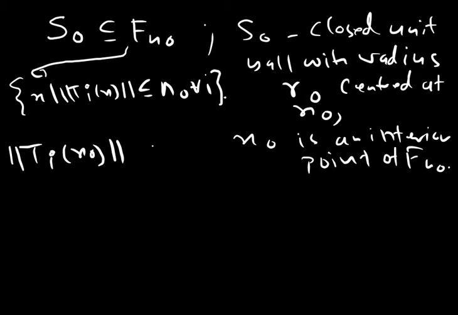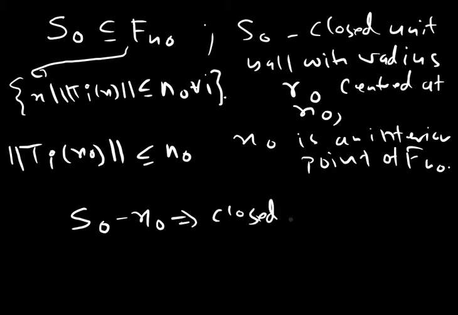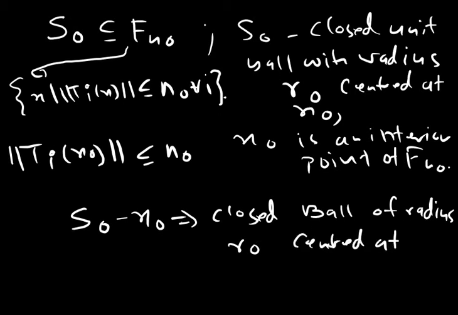Now T_i of x naught is simply N naught. So consider S naught minus x naught. This is the closed ball of radius r naught, centered at 0.